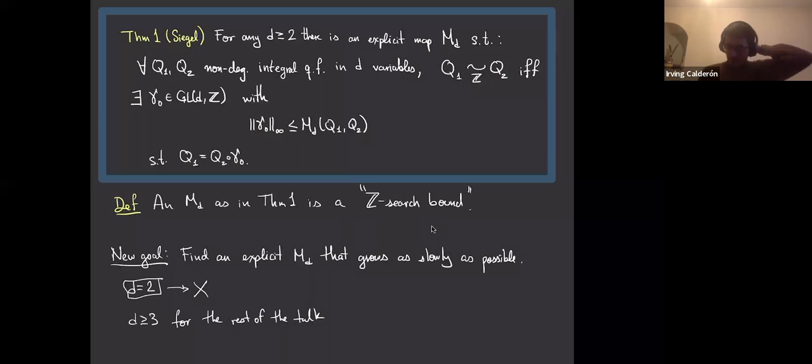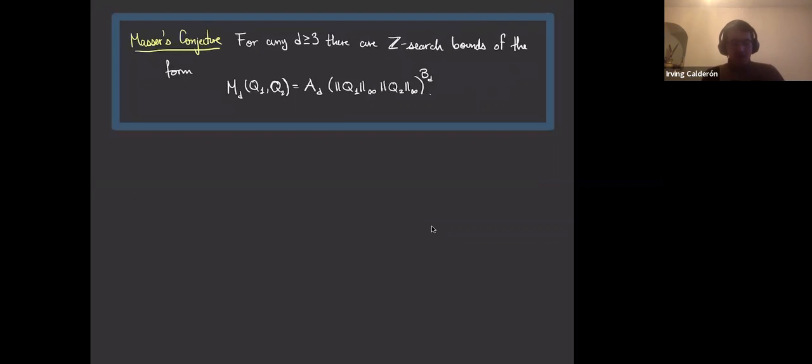And there is a conjecture that predicts what's possibly the best possible growth for the MD. In short, the conjecture says that we can have an MD that is polynomial in Q1 and Q2. So here is the statement. This is a conjecture of David Masser. It says that for any d greater or equal than 3, we can always find a search bound of the following form.